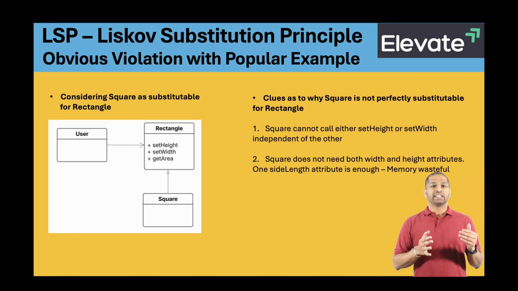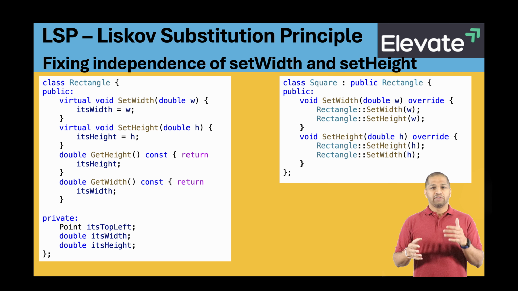If you add an additional single attribute for the so many squares that it will create, this will have so much extra memory wastage. So those are certain clues that indicate that a square is not perfectly substitutable for a rectangle. However, we can attempt to fix this independence of set width and set height using this approach.